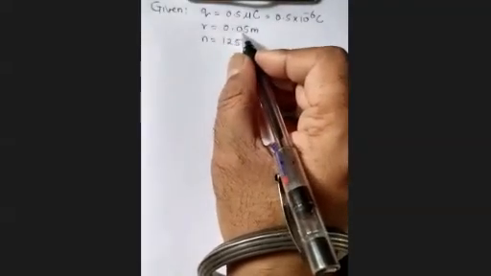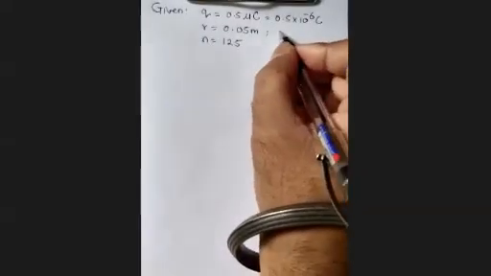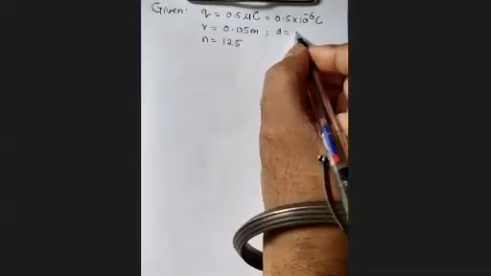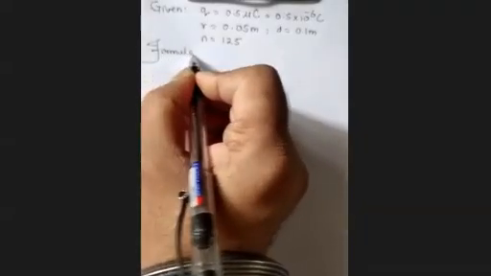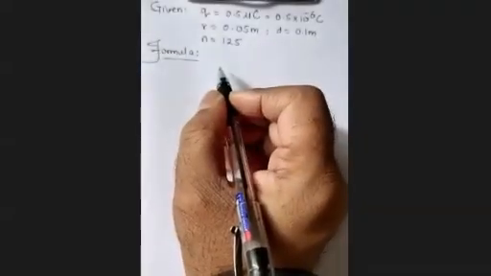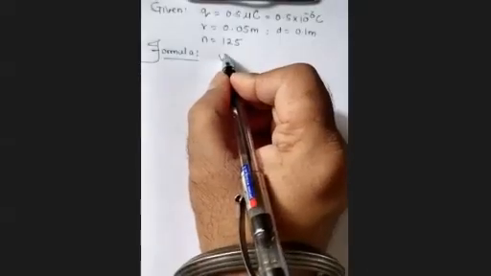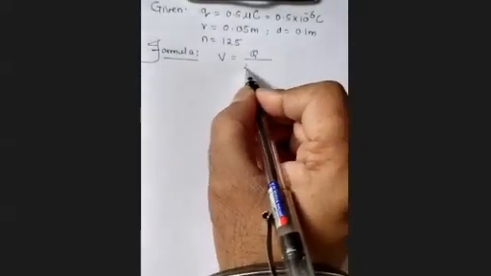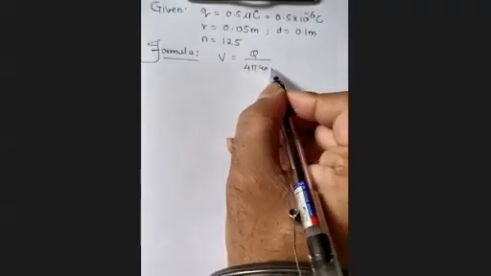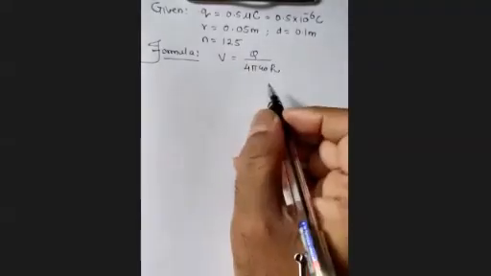Radius is half of the diameter. As the question gives the diameter as 0.1 meter, the radius will become 0.05 meter. Formula: we have to find the potential, which is equal to charge upon 4 pi epsilon naught capital R.